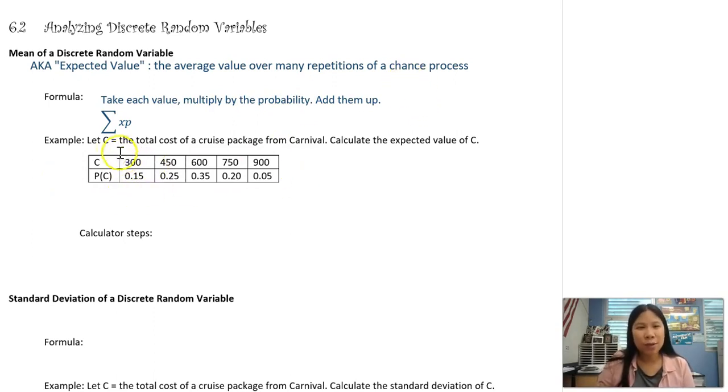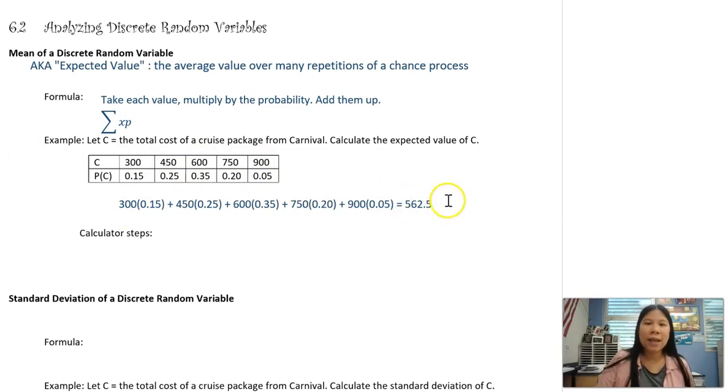Here's our example. C is going to stand for the random variable of the total cost of a cruise package from Carnival. Calculate the expected value of C. All our values are 300, 450, 600, 750, and 900, and all our probabilities are below them. We multiply the 300 times the 0.15, the 450 times the 0.25, and so on, then add them all up.